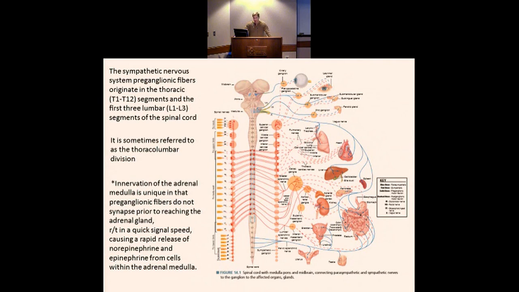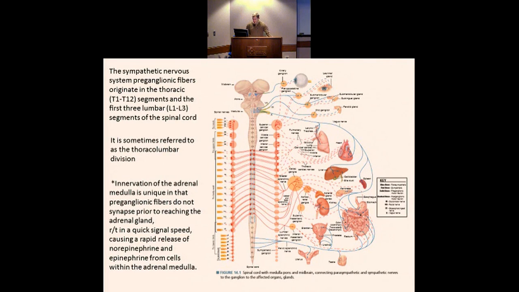Sometimes it's called the thoracolumbar division. And the innervation of the adrenal medulla is unique. It's special. Your adrenal glands are essentially the powerhouse of your sympathetic nervous system, and it's innervated directly. Basically, that's why the fight or flight response works so quickly, because there's a direct connection there.